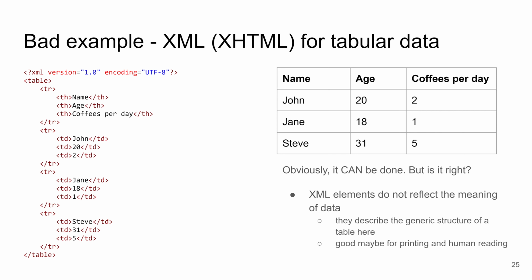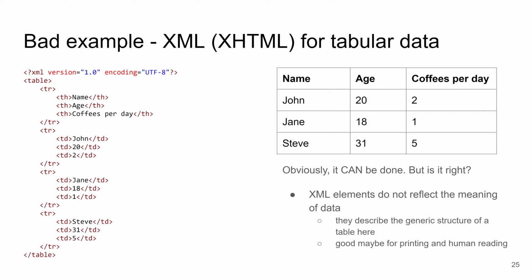And in this case, it wouldn't work so well, because if you take a look at the XML on the left, what do you think the data is about? Well, given the element names, the data is about a table and about rows and columns in that table, which is actually not what the data is about from the point of view of the conceptual diagram, for instance, that you could create for this kind of data.